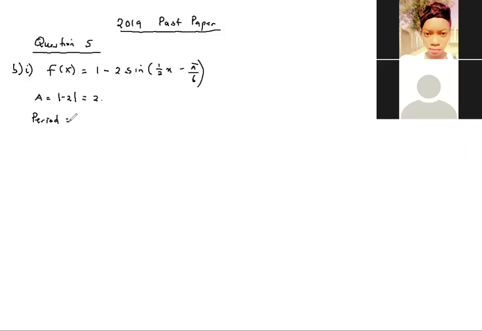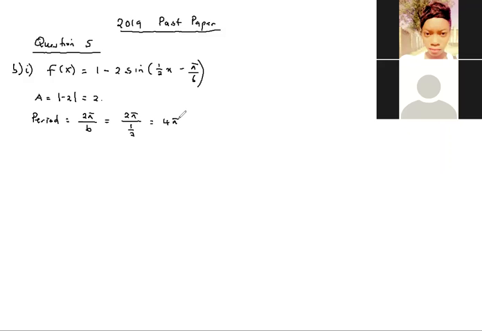The period is 2 pi over b. In this case, we are saying 2 pi over half. And this is the same as 4 pi.